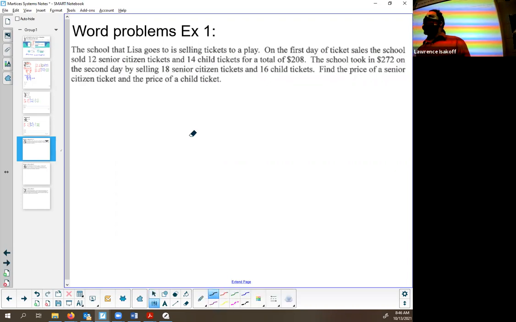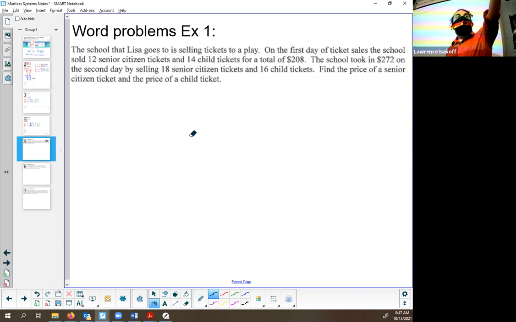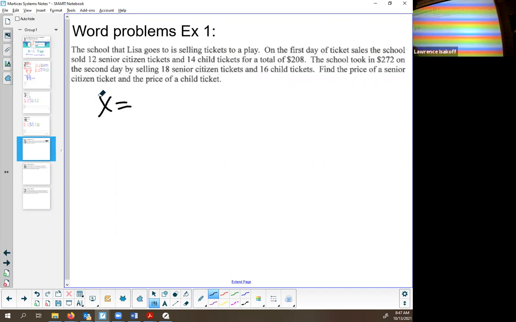So the very first thing we want to do with this is we want to figure out what our variables are. What are we looking for here? We're going to call them X and Y. So what are we looking for? Price of the tickets. Specifically, I need the senior tickets.